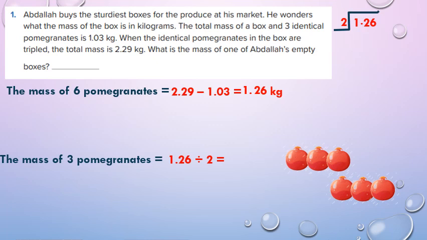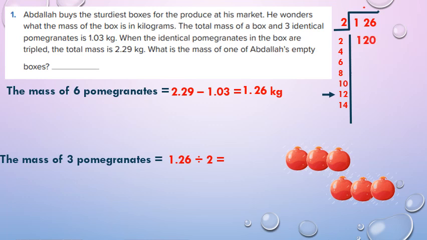So 1.2600 divided by 2. First, the table of 2: 2, 4, 6, 8, 10, 12, 14, and so on. In division, start from the left side. 1 divided by 2 is too small, so we have to take the 2 in the tenths. So the point will go up and we take the 12 tenths, the nearest number to it in the table, 12.